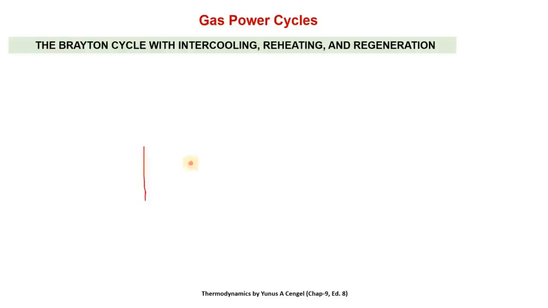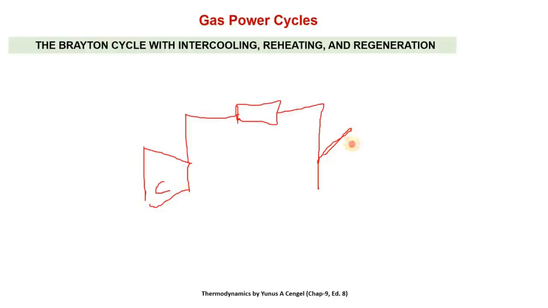So here we have a compressor, then the combustion chamber, then there is the turbine. The turbine is attached to the compressor, and here is the exhaust, and here is the inlet.